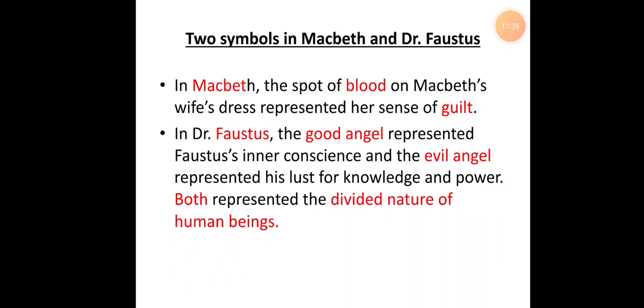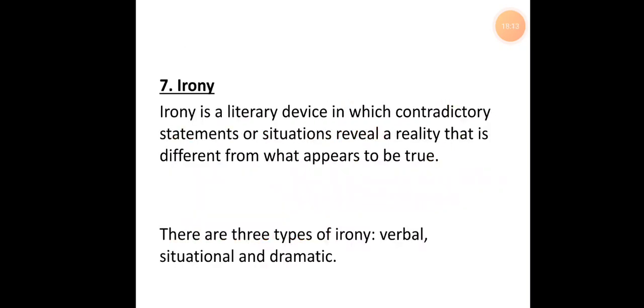So the evil angel is not necessarily something from religion, but it could be the weakness inside us, or the flaw inside us. Of course, for Dr. Faustus here, it was his lust for knowledge and power. So both the good angel and the evil angel were symbols of the divided nature of human beings. Okay, so that's in Macbeth and Dr. Faustus. Of course, there were many other symbols that you can find when you read them.